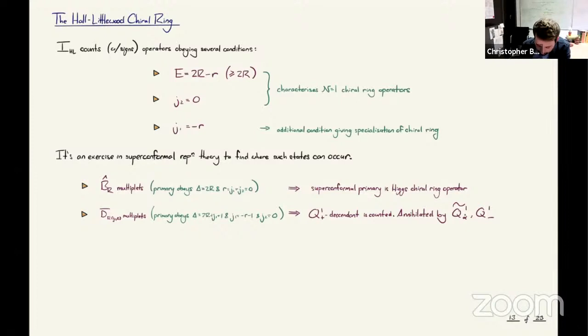So there's a single other class of superconformal representations that are labeled by an R charge and a spin, who contribute operators to my theory that are counted by this limit of the index. It's actually not the superconformal primary of these D-bar multiplets, it's a descendant, but that's not important. And the things that contribute are then annihilated by 3 supercharges instead of 4. So the Higgs branch chiral ring was a half BPS object. And if I include these D-bar multiplets, I have a 3/8 BPS structure.